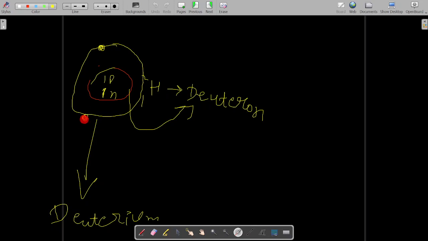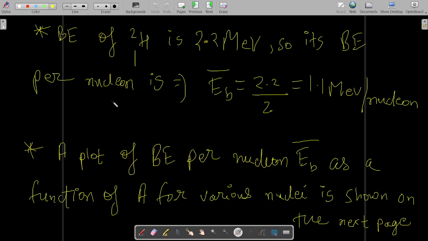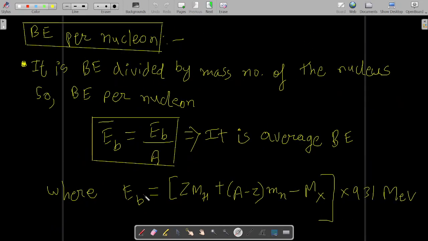We had already ignored it while making the derivation. So that has been ignored in this formula, and this can be called the binding energy of deuterium or deuteron, both.